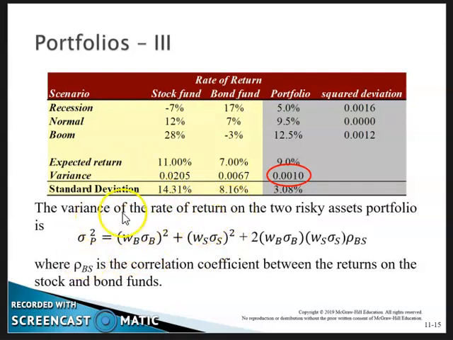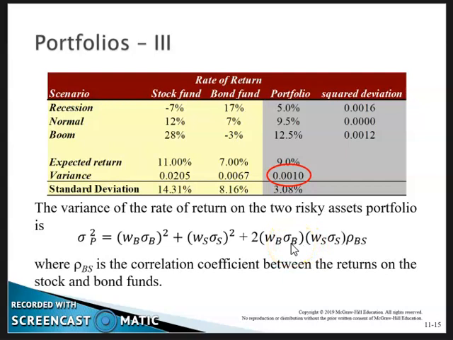The portfolio variance is the weight in bonds times the standard deviation in bonds squared, plus the weight in stocks times the standard deviation in stocks squared, and then 2 times the weight in bonds times the weight in stocks times the standard deviations.